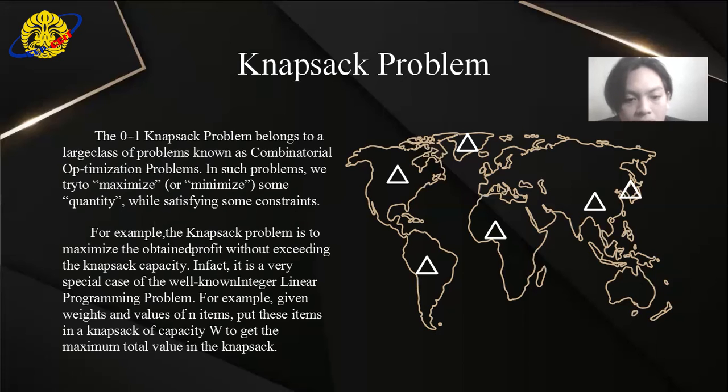In fact, it is a very special case of the well-known integer linear programming problem. For example, given the weight and value of items, put these items in a knapsack of capacity W to get the maximum total value in the knapsack. Next.